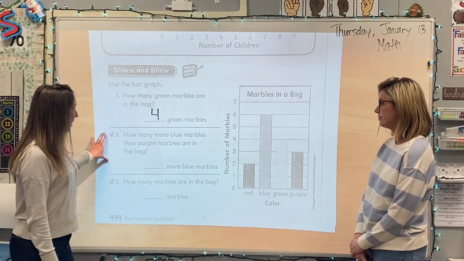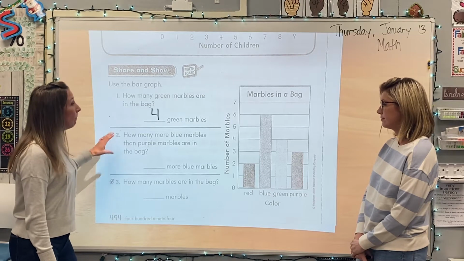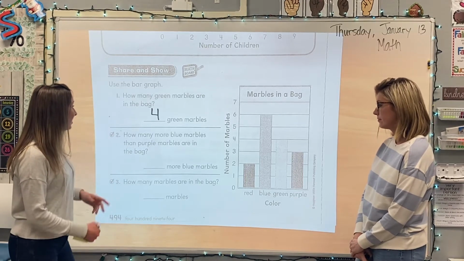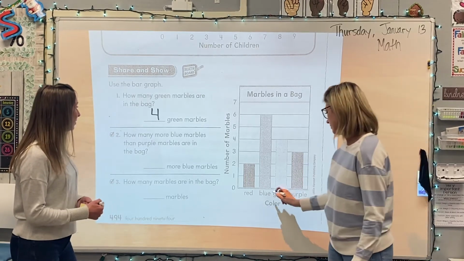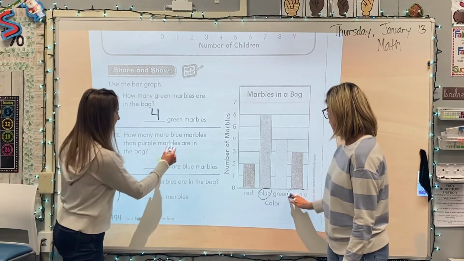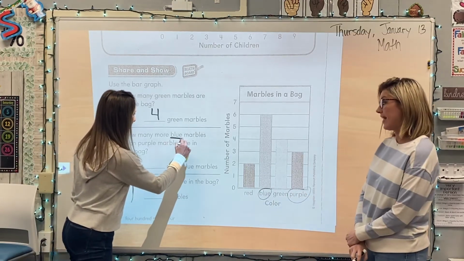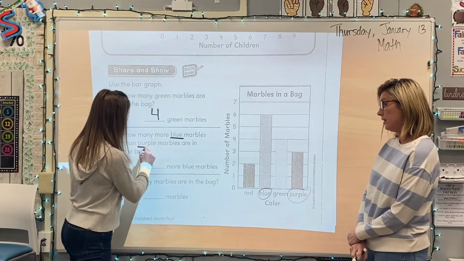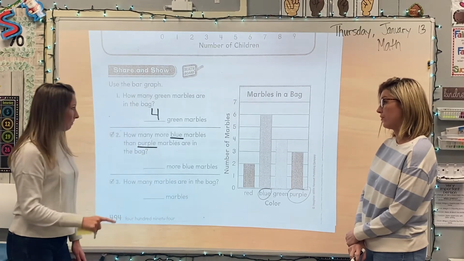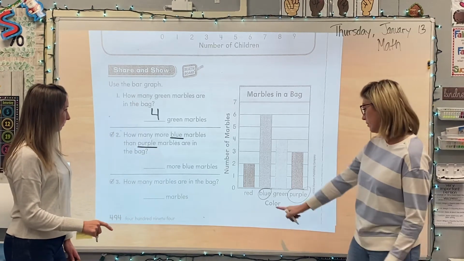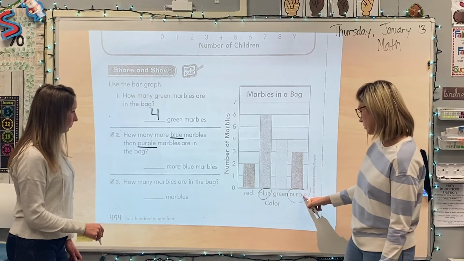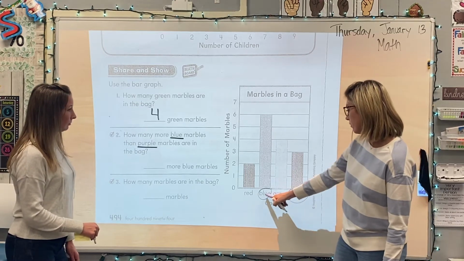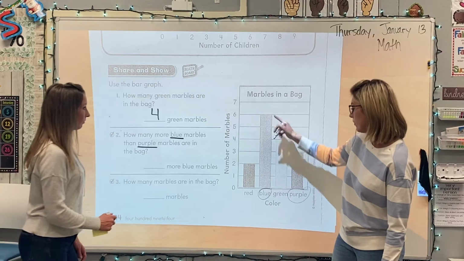Number 2 asks, how many more blue marbles than purple marbles are in the bag? Okay, so more than is comparing, and that means I have to subtract and find the difference. So I know that it's blue and purple, you circled those, so I need to first figure out how many blue there are. It goes all the way up to 6.